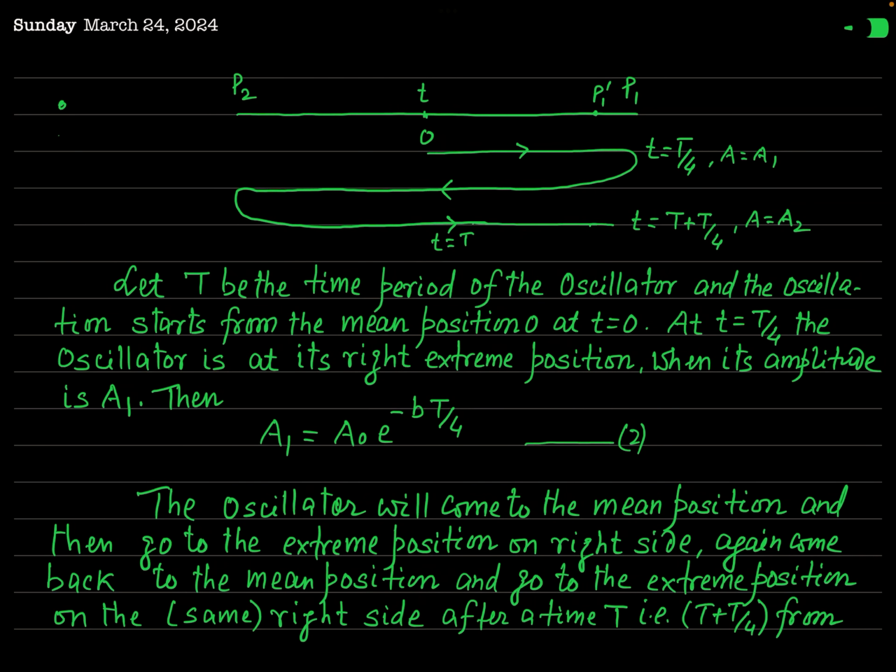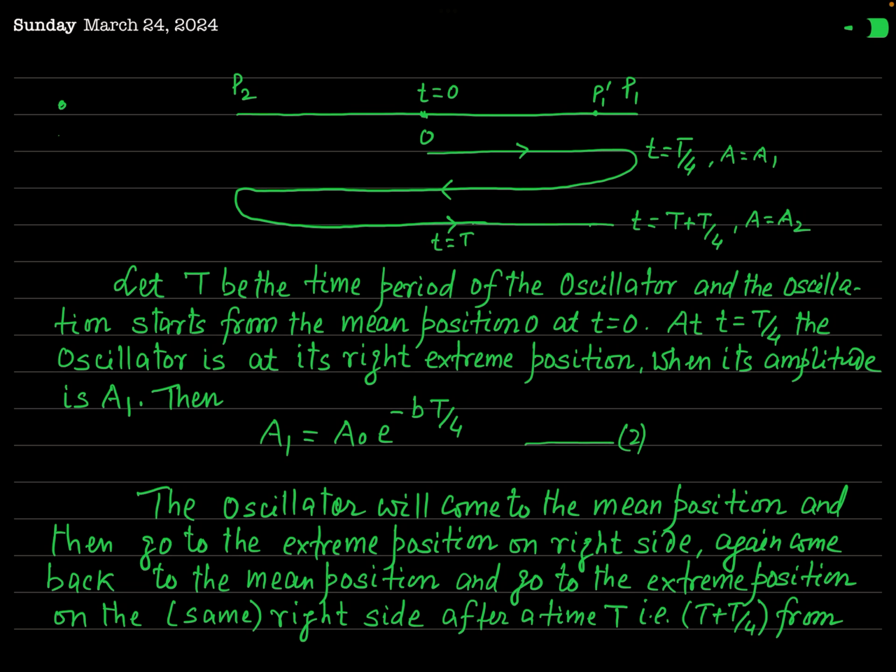For this, let us consider a particle or an oscillator oscillating in a viscous medium, and I have shown in this figure that O is the equilibrium position of the oscillator, and our oscillator has started its motion from this equilibrium position at time t equal to 0.